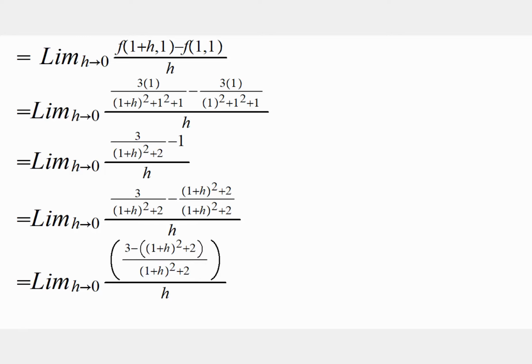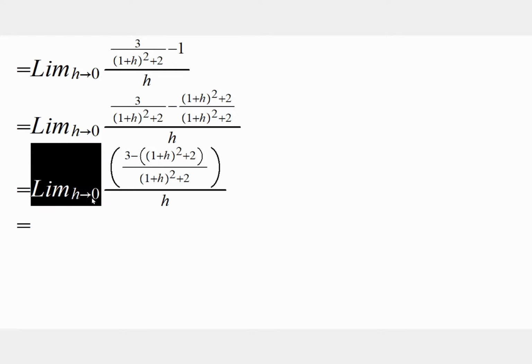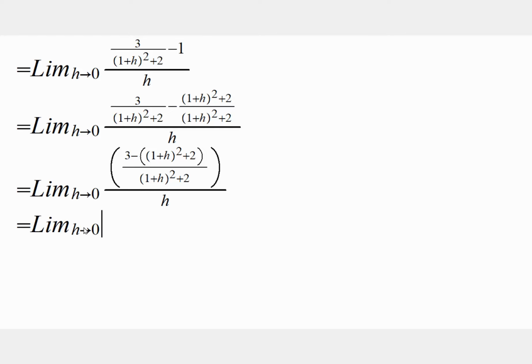Once we look at this, let's do this here for space saving. I can bring this down here. So h is one factor, and this is another factor that we have. I just changed the brackets here.